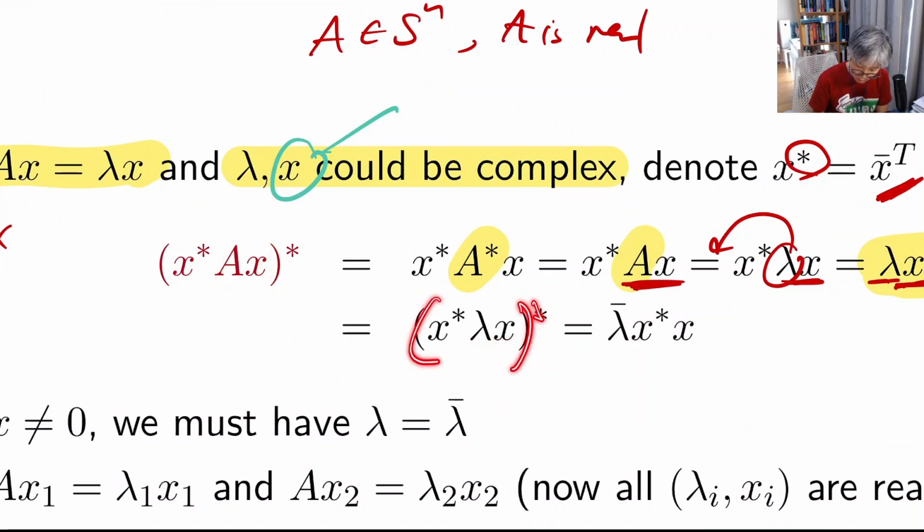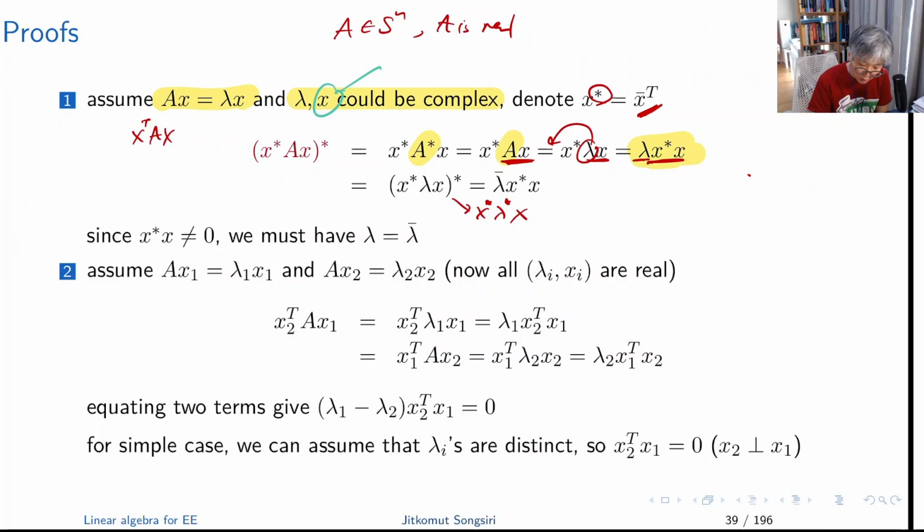And then I make a star after that. So what I'm gonna get is x star, lambda star, and x, right? But my lambda is just a scalar. Lambda star is simply the complex conjugate of lambda, x star x. I have derived the energy form of x in two ways, the yellow way and the green way. And of course, they must be equal.